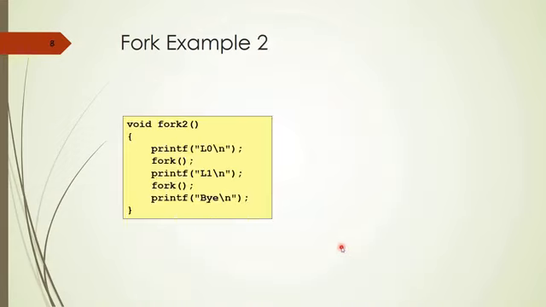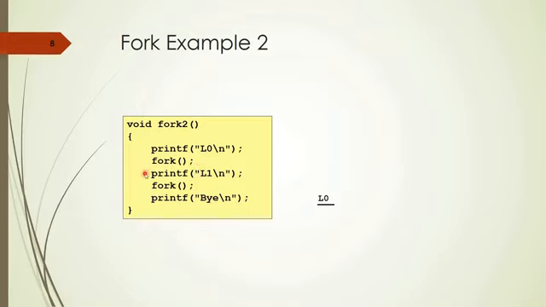Now let us look at the second fork example. So we have seen here two forks. What will be the output, that is, how many times will the line be printed? First L0 is printed, then with the first fork system call we have a parent as well as a child.